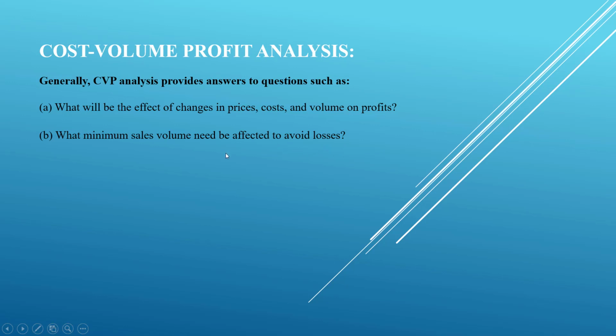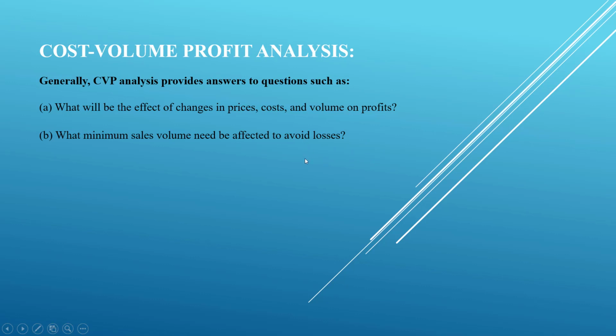In order to get a profit, the cost has to be less than the selling price. Suppose you have bought a product for 20 rupees and you have sold it at 30 rupees, you have a profit of 10 rupees, right? But how can a loss happen? Suppose you are buying a product at 10 rupees and you are selling it at 9 rupees or 8 rupees, you are having losses, right?